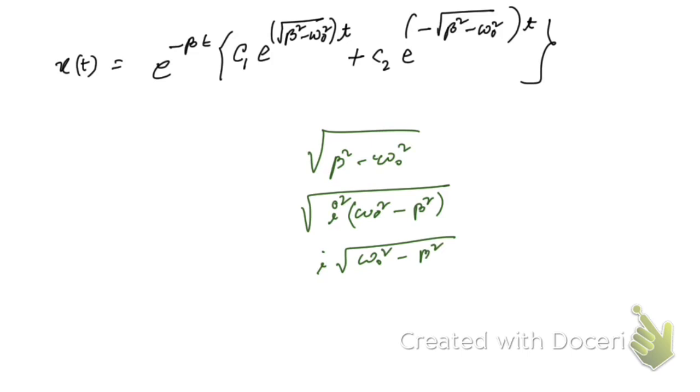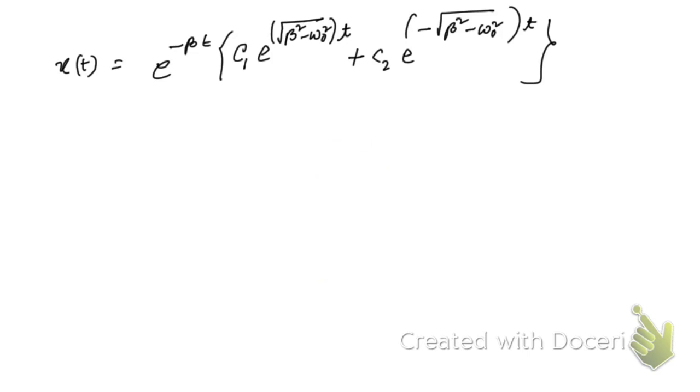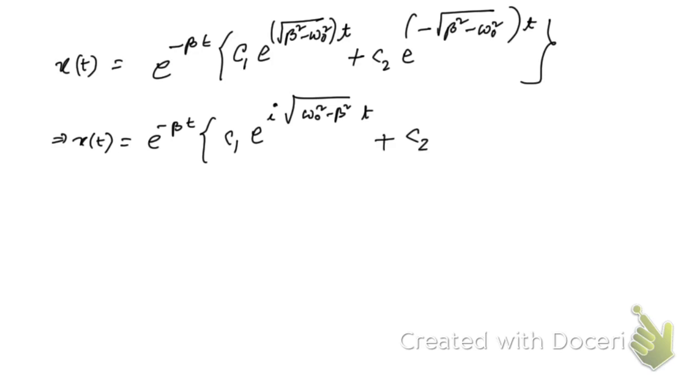So that's why we can write this solution in this way: e to the power minus beta t into c1 e to the power i root over omega naught square minus beta square into t, plus c2 e to the power minus i root over omega naught square minus beta square t.